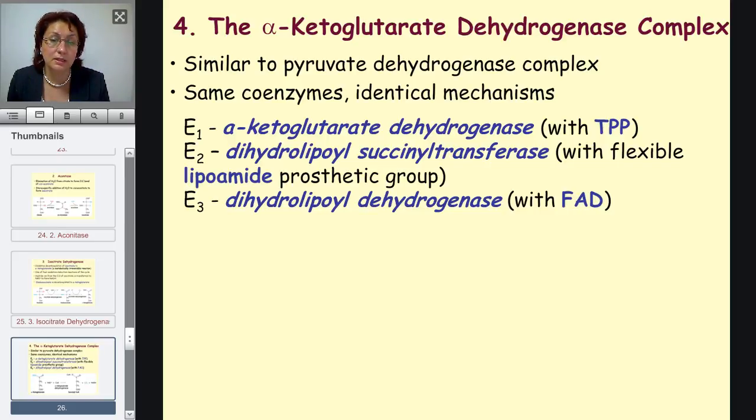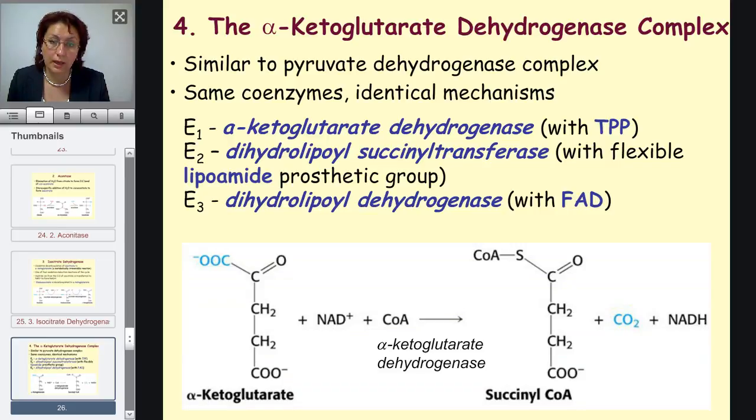This complex has 3 enzymes: alpha-ketoglutarate dehydrogenase with prosthetic group TPP, dihydrolipoyl succinyltransferase with flexible lipoamide prosthetic group, and dihydrolipoyl dehydrogenase with FAD. Alpha-ketoglutarate is converted to succinyl-CoA, and a second molecule of NADH is formed in this reaction.